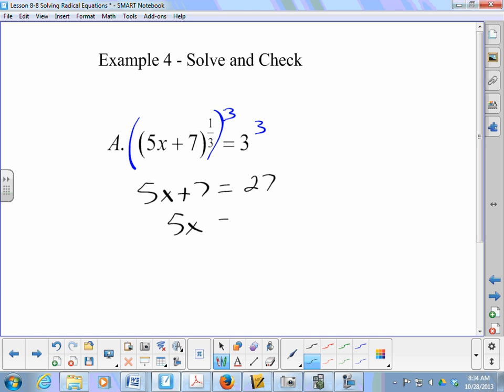Subtract 7, we get 5x equals 20, so x equals 4. If I checked it, 5 times 4 is 20, plus 7 is 27, and the cube root of 27 is 3. So it works.